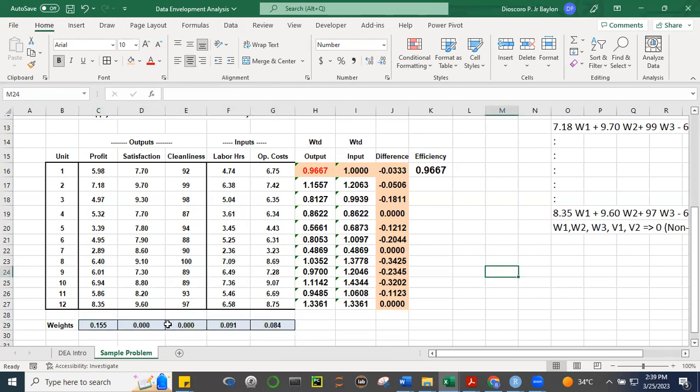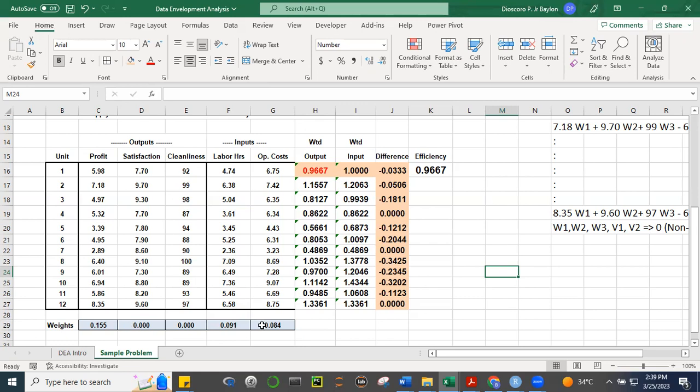And it's not going to be 100%. You might think, but why are the weights for profit, satisfaction and cleanliness not equal to 100%? Because Excel is looking for the combination of weights for your outputs and the combination of weights for your inputs.